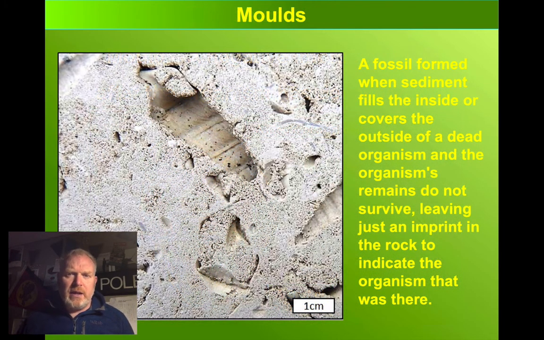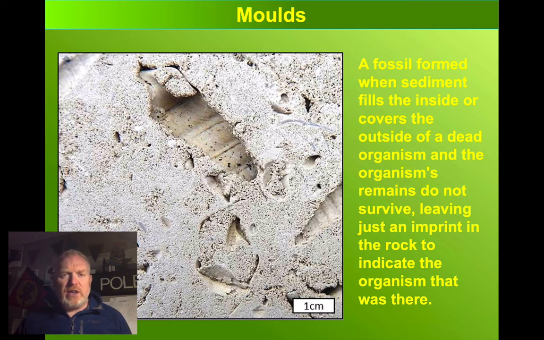So if we go back and look at this Portland limestone that we started with, you can see that what we actually have here is an imprint of the original fossils. So there's a gap, a space where that shell was.